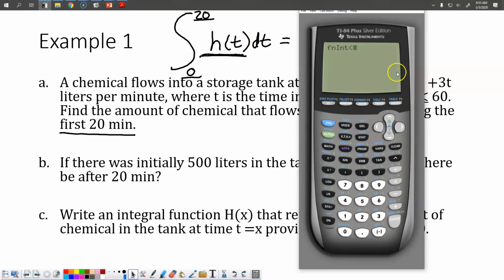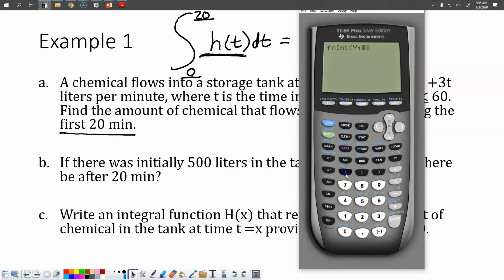Now instead of typing 180 plus 3t, I want you to start getting into this habit. I want you to type in y1. The way you do that is you push vars, go over to y vars, click 1, and 1. I want you to get in the habit of just having that function stored under y1 and then inserting that, okay? That's going to be very helpful in this whole chapter.